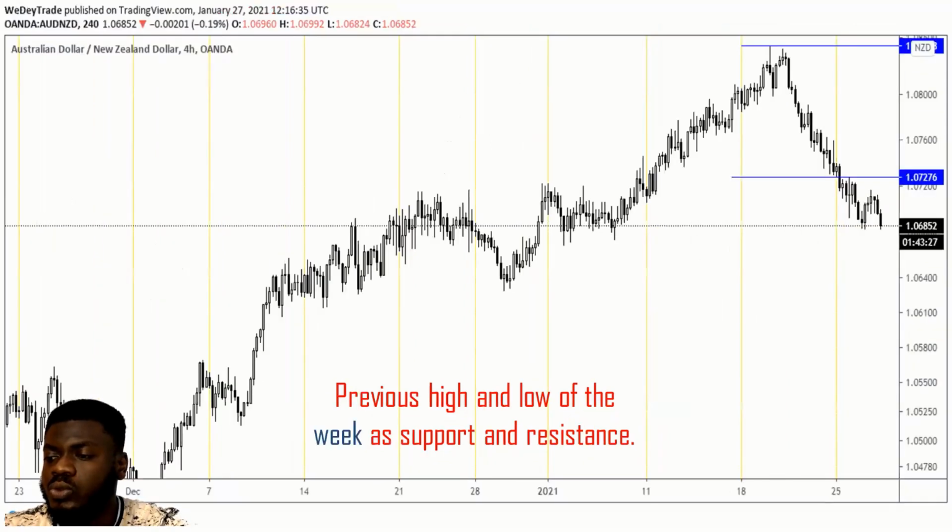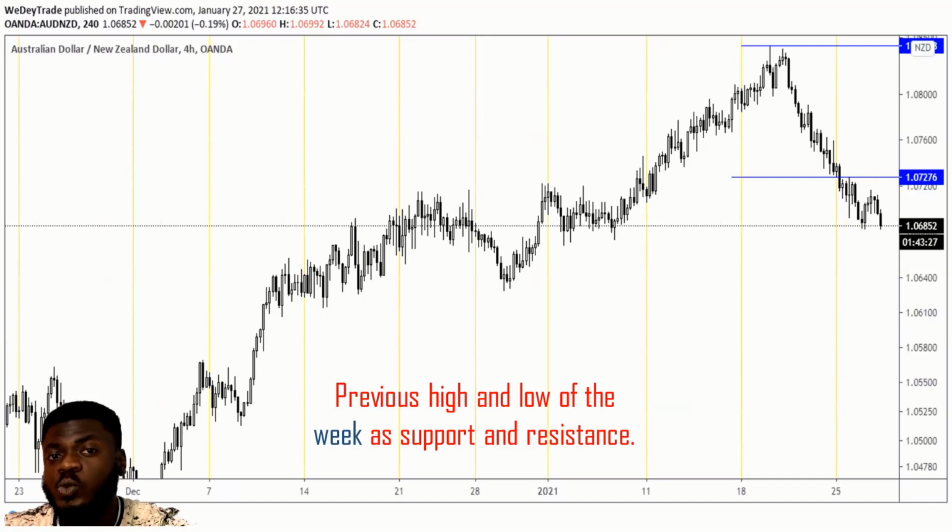So moving on to what we have on our screen next is the previous high and low of the week as support and resistance for the AUD NZD chart. So we have the highest point of the week for the AUD NZD and the lowest point for the week. Currently, the price has broken the lowest point of the previous week. That is the most previous week.